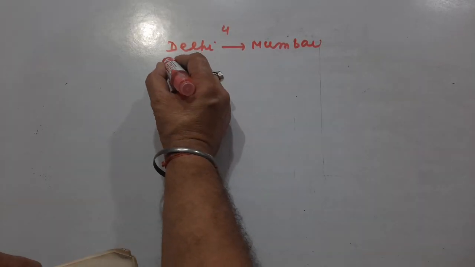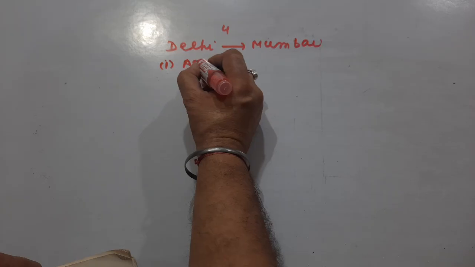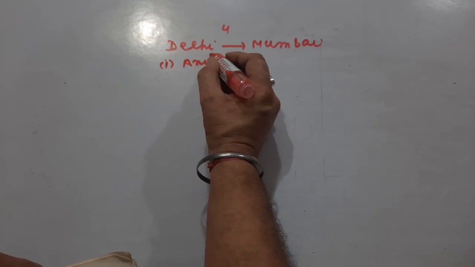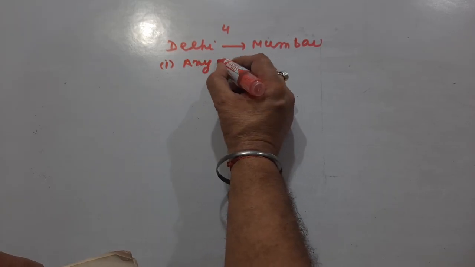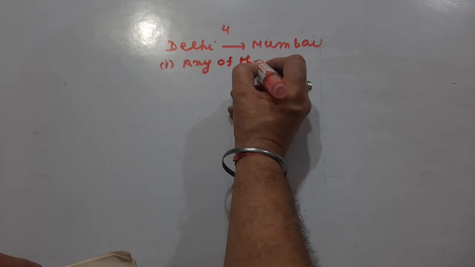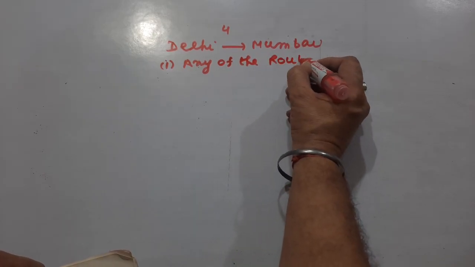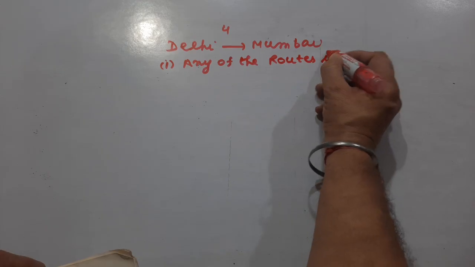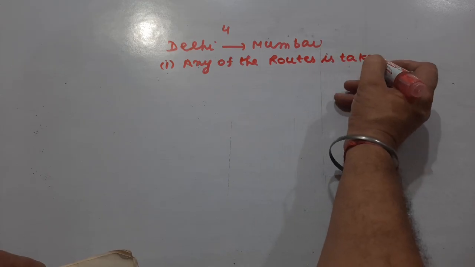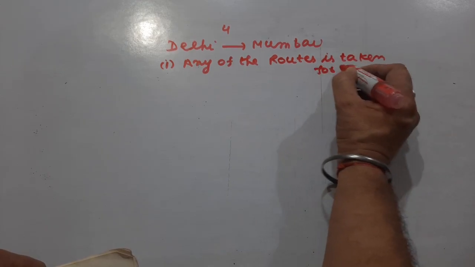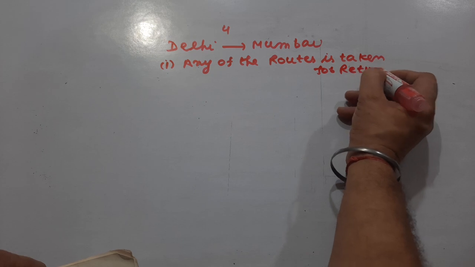So first case जो है वो क्या है? Any of the routes is taken for returning. This is the first case.